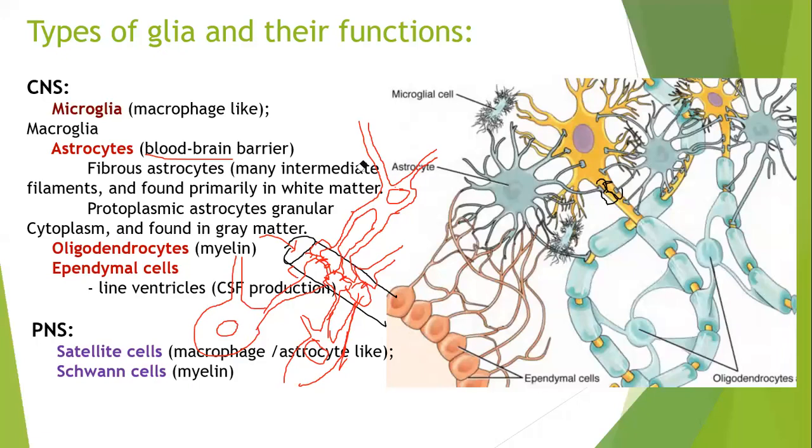These filaments are sort of part of the cytoskeleton. So with the cytoskeleton, you can have the microfilaments, you can have the intermediate filaments, and then you can have the microtubules. So these intermediate filaments are giving structural support, and you can see if they're within the white matter.